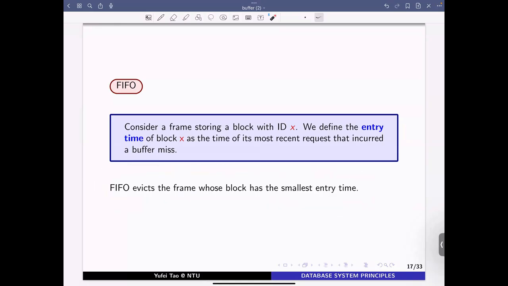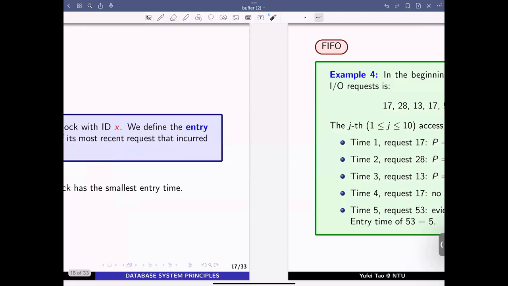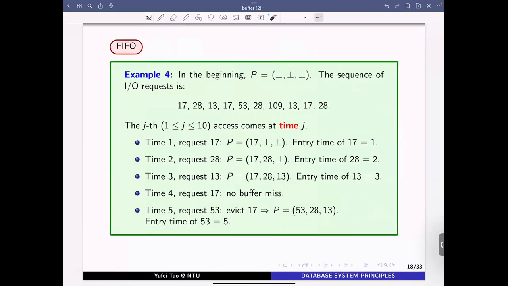So that's the strategy. Let's use exactly the same sequence to demonstrate FIFO. This is the sequence of requests. However, FIFO is an online algorithm.